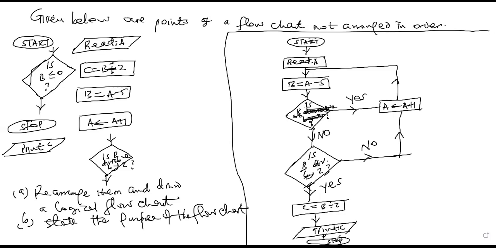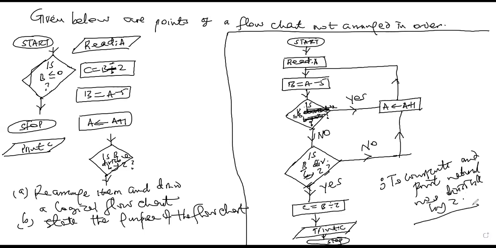Then when they want us to state the purpose of this flowchart, we can state the purpose as to compute and print the positive natural numbers divisible by 2. In other words, the positive multiples of 2.